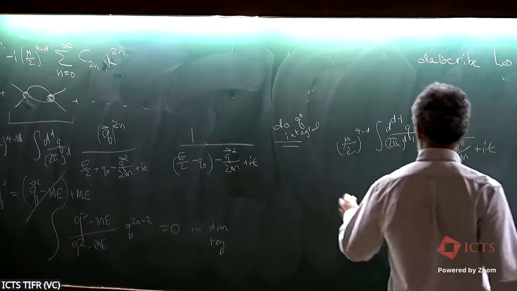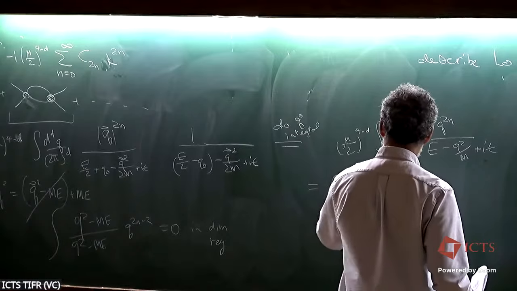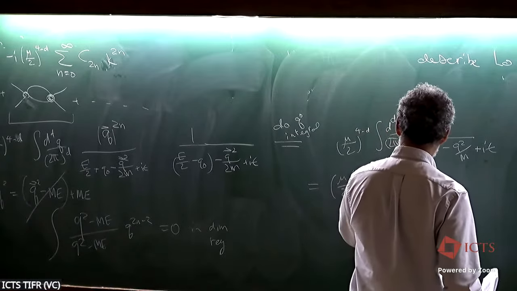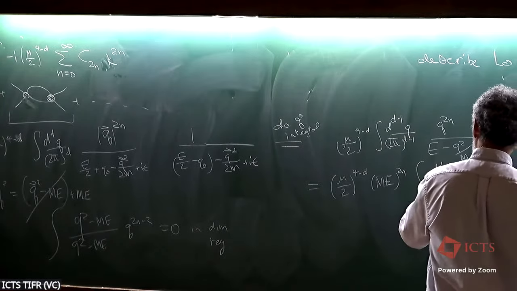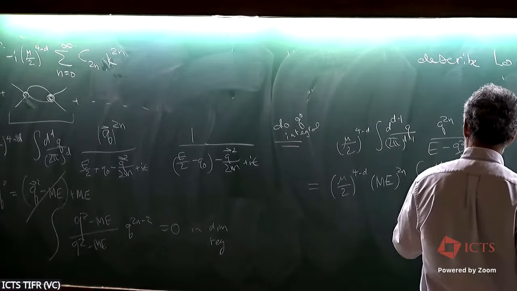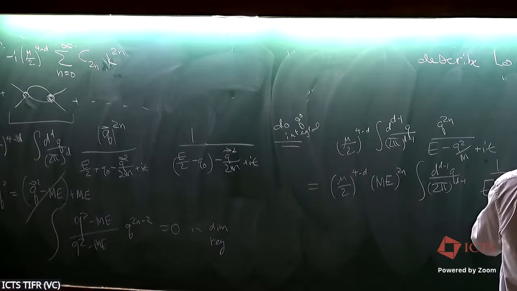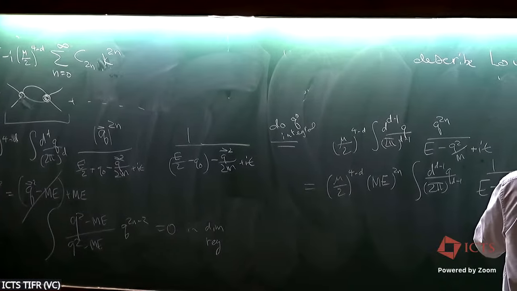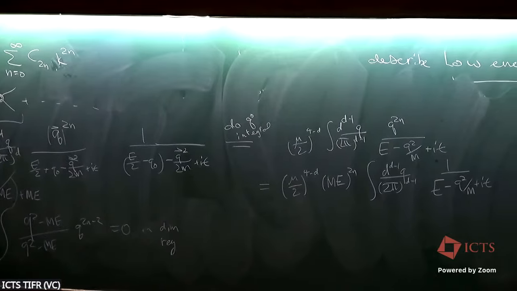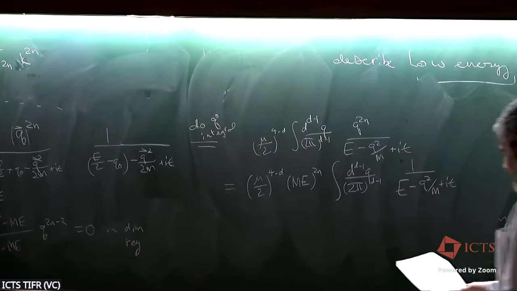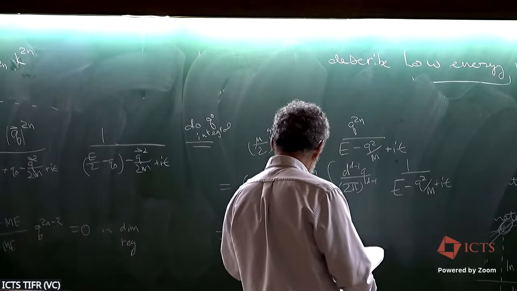So therefore, this is equal to mu over 2 to the 4 minus d, mE to the 2n, times our familiar diagram that we already did with the momentum cutoff. And if you compute that, then this is equal to minus m times mE to the n.